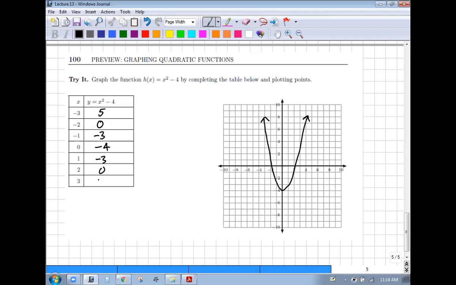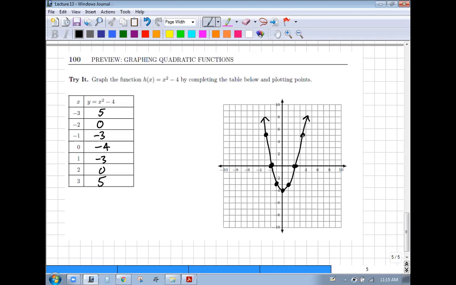We got 0, and 9 minus 4 is 5. So we look at this, we go -3, we have to go up 5, -2, 0, -1, down 3, 0, -4.